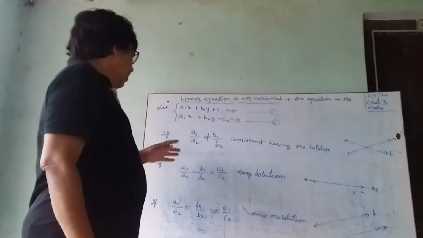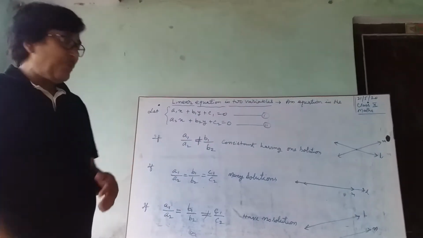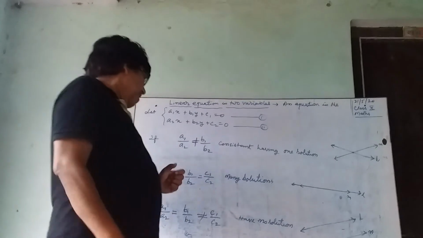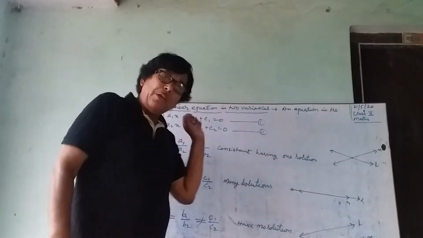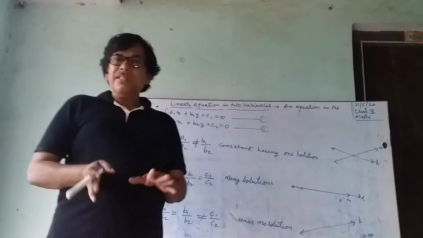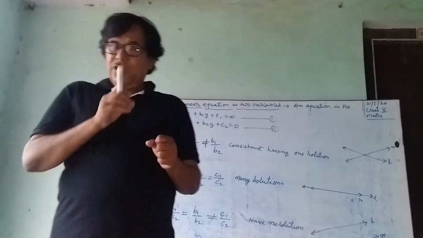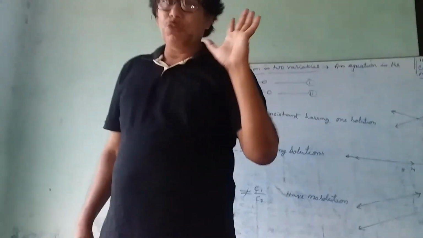Next, if it has many solutions, then what will be the conditions? If a1 by a2 equal to b1 by b2 equal to c1 by c2, then the equation is solvable, consistent, having an infinite number of solutions.